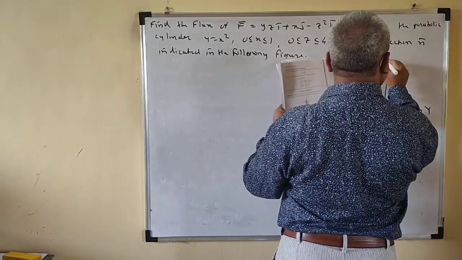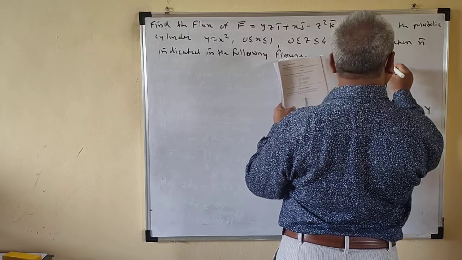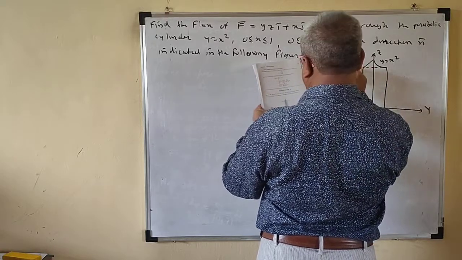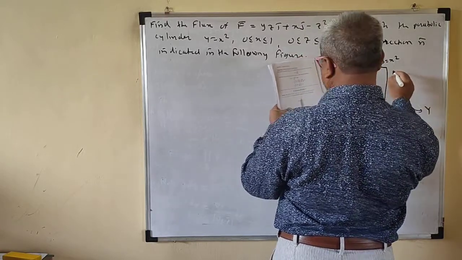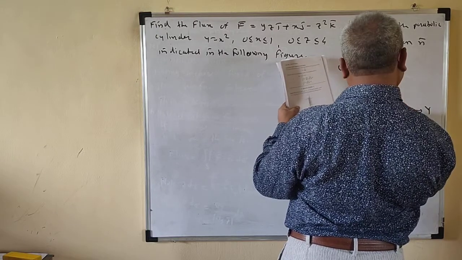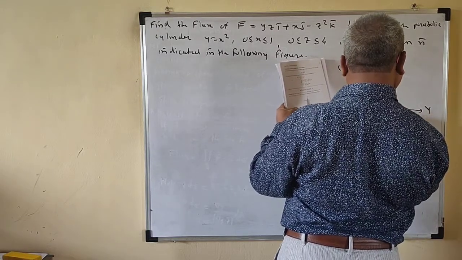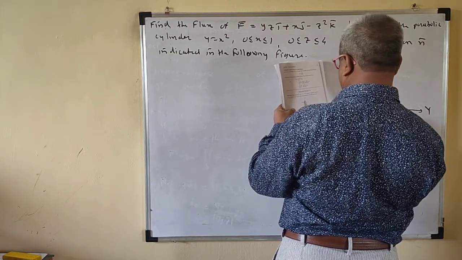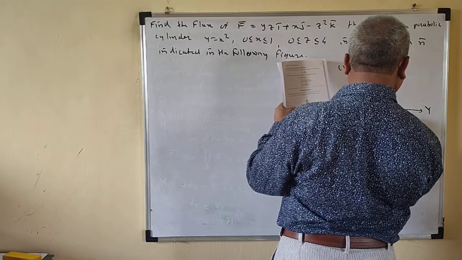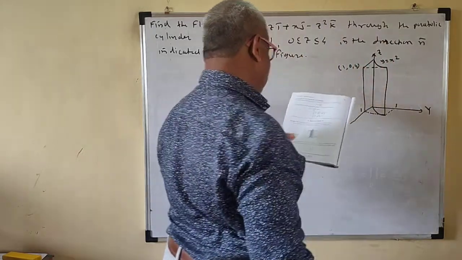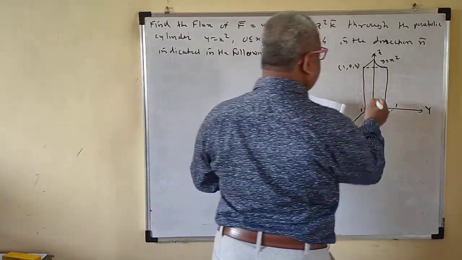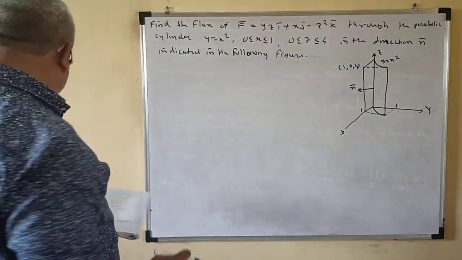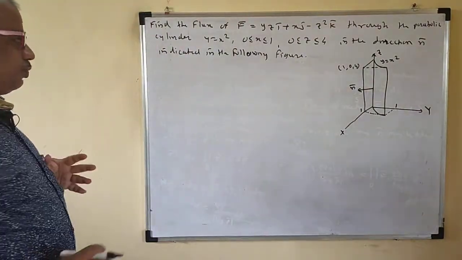This parabola is y is equal to x square. This figure is provided to you. Okay. Solution.